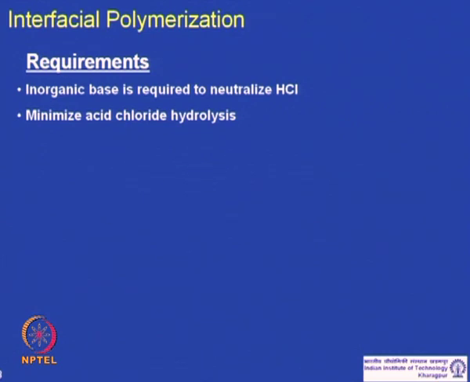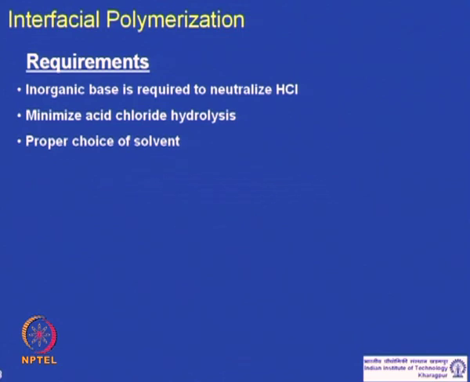You should also minimize the acid chloride hydrolysis, because if it is hydrolyzed to form a simple carboxylic acid, then the reactivity will come down, the reaction rate will be much lower and it will not take place at the temperature we are working.